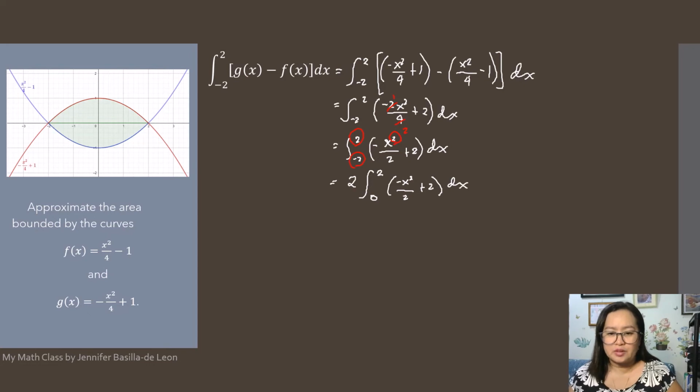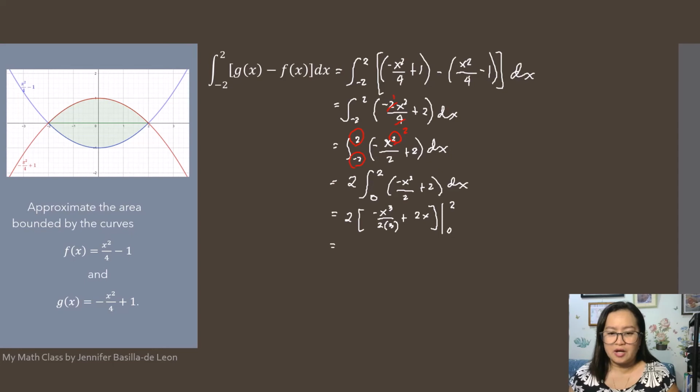Now, getting the antiderivative of the function, we will have negative x cubed over 2 times 3 plus 2x evaluated from 0 to 2.